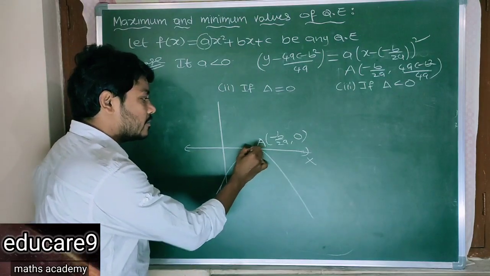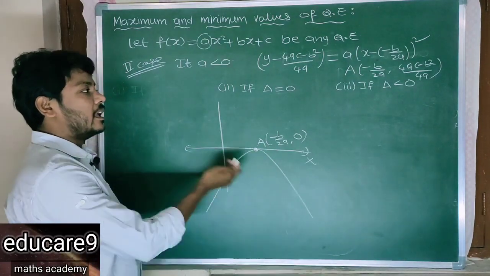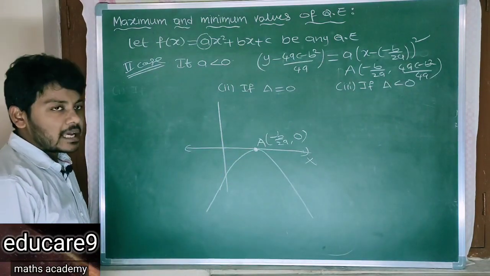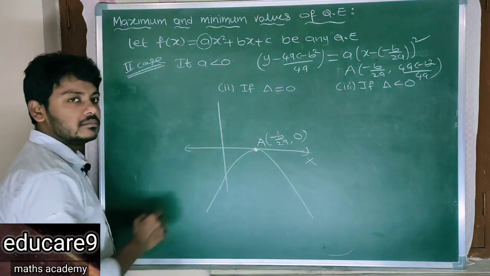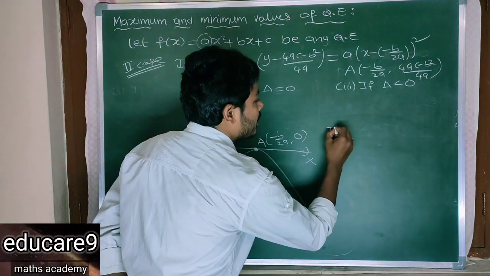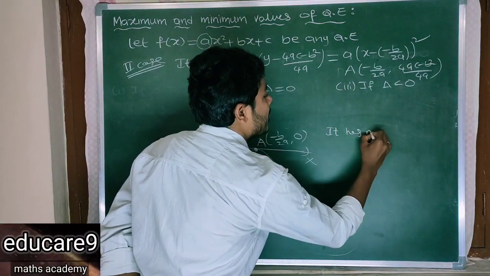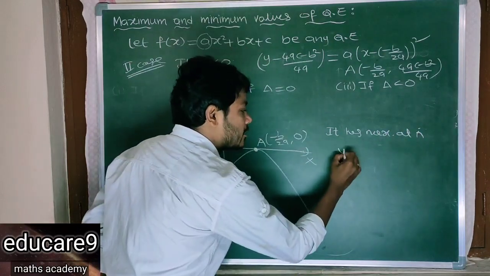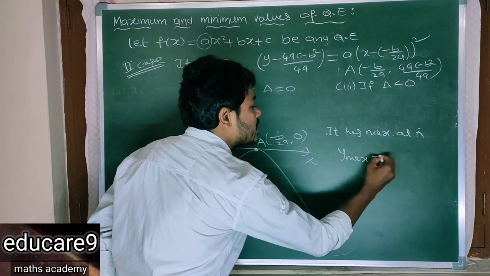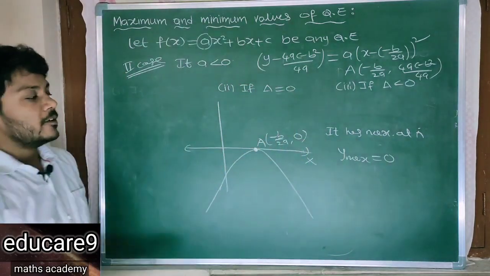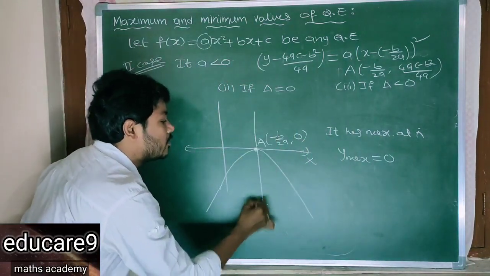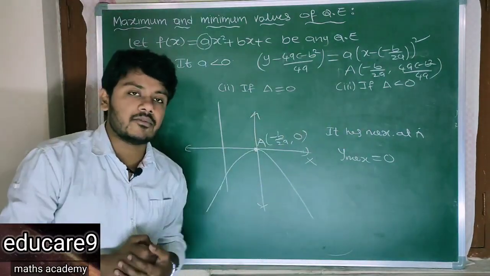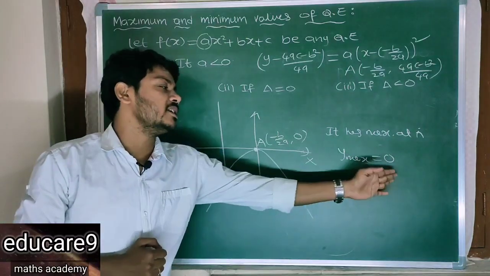Therefore, clearly from the first condition, it has the maximum value at vertex A. So what is the maximum value? Y maximum is equal to what? 0. Meaning at x equal to minus b by 2a, this f of x attains the maximum value, and that maximum value is 0.